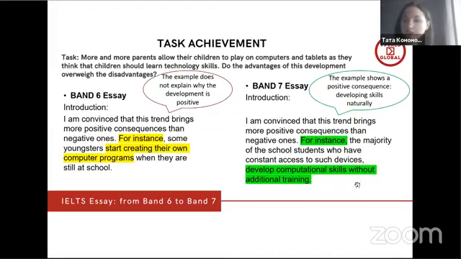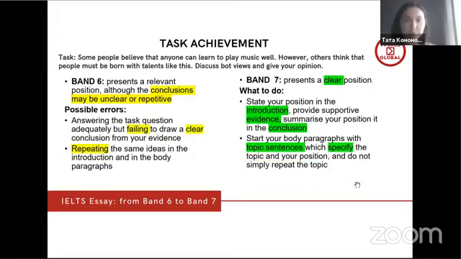Have a look at a better explanation, at a better example. The majority of the school students who have constant access to such devices develop computational skills without additional training. That's definitely and undoubtedly a positive sign.